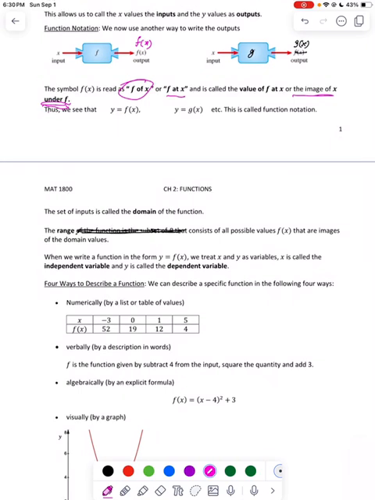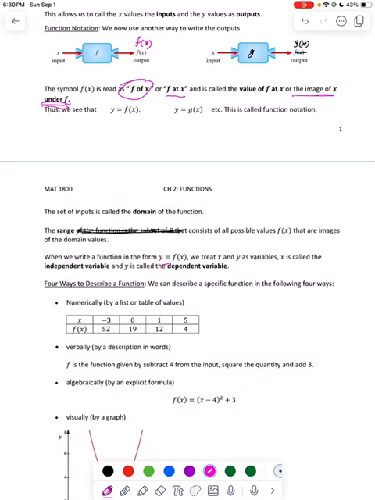So the images, or the Y values that were the images of the X values, are the range. When we write the function in this form, Y is equal to F of X, we treat X and Y as variables. X is called the independent variable and the Y is called the dependent variable.